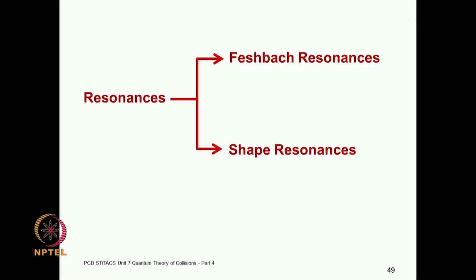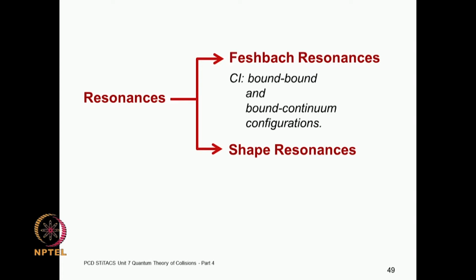We mentioned in some of the earlier classes that there are 2 kinds of resonances: the Feshbach resonance, or the Fano Feshbach resonance as I normally refer to it, and the shape resonance. The Feshbach resonances are because of configuration interaction between the bound to bound and bound to continuum configurations. The shape resonances are due to the form of the potential.